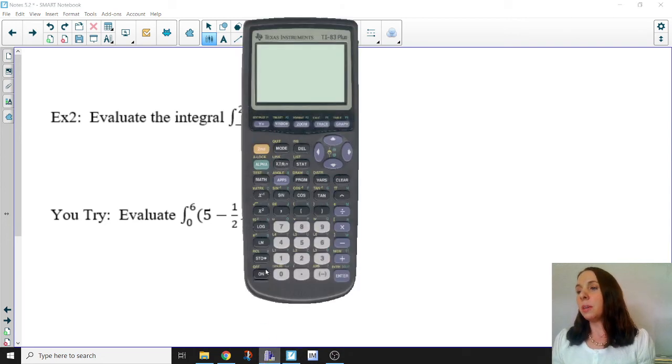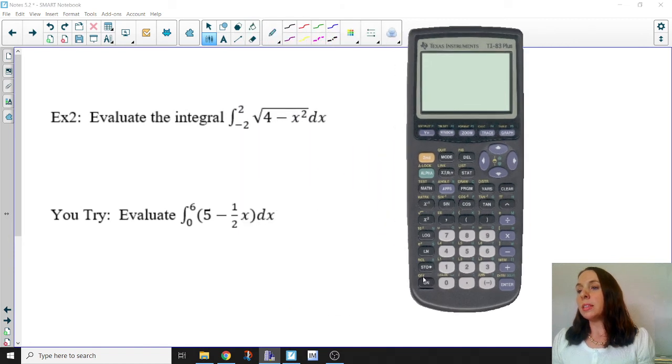So for example 2, we have the square root of 4 minus x squared. I'll just do a standard viewing window. That's what it looks like. We are looking from -2 to 2, which is from here to here.